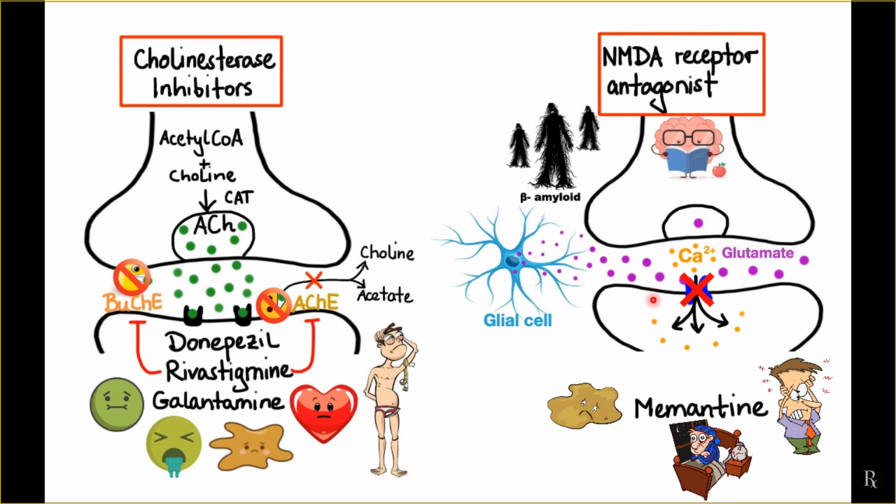These drugs will block the NMDA receptors for the glutamate, and that will decrease the action of the glutamate release and decrease the development of the beta amyloid. So adverse effects include diarrhea, headache, and nightmares.